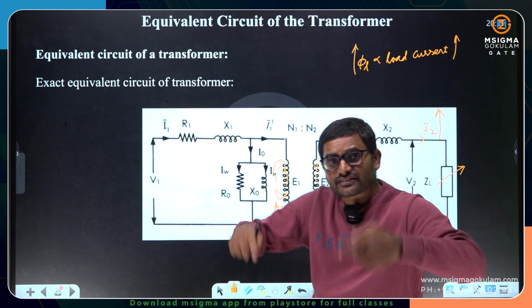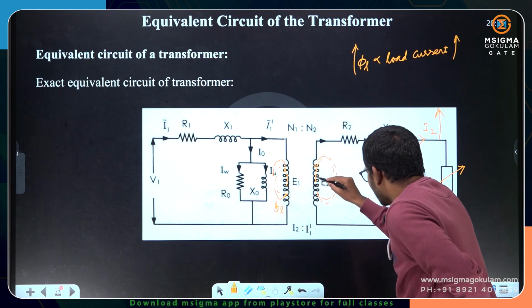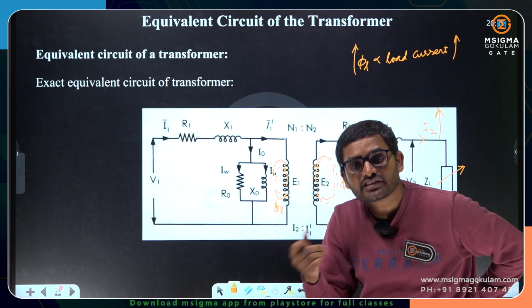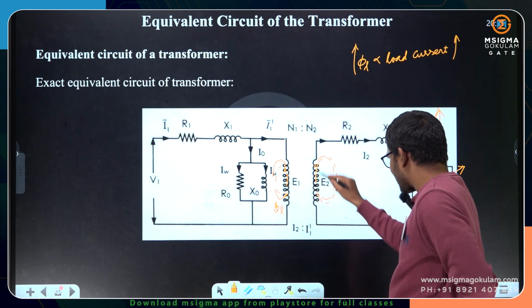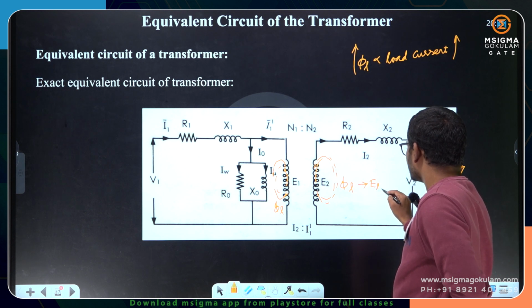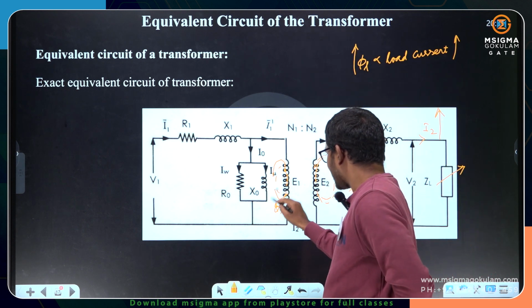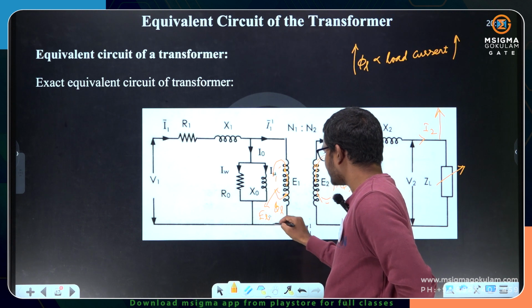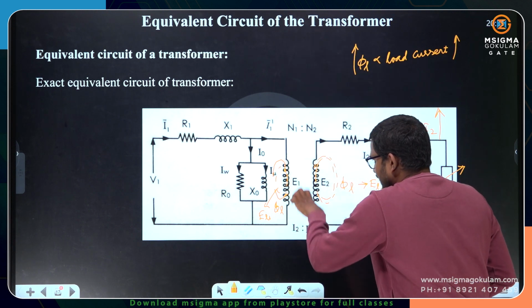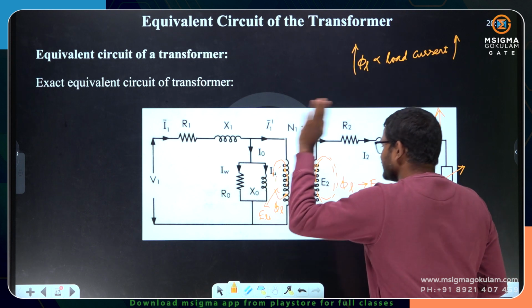If the leakage flux lines are more, in this winding leakage EMF is also going to be induced. If this flux is cutting only the secondary winding, leakage EMF EL2 is going to be induced. In this winding, leakage EMF EL1 is also going to be induced. Now, if actual EMF is E1, out of that some amount of EMF is going to be leakage.